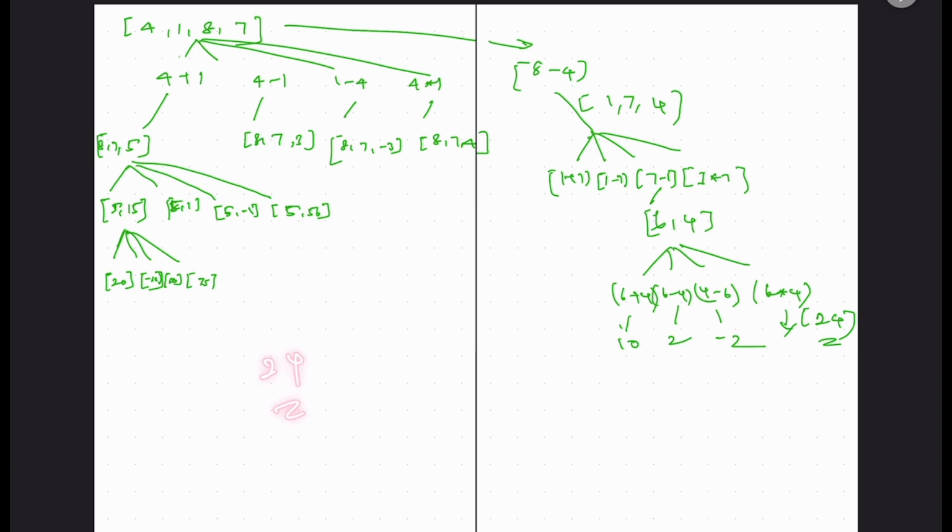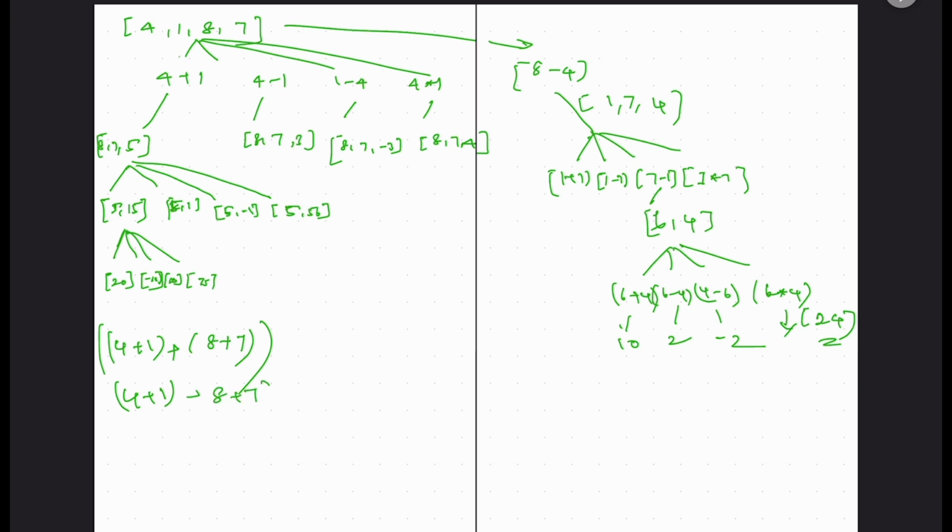No. So in this case, if you see what all we checked: initially 4 plus 1 and 8 plus 7. In total we have checked 4 plus 1 with 8 plus 7, then 4 plus 1 minus 8 plus 7, so here 5 minus 15 we are doing, right?